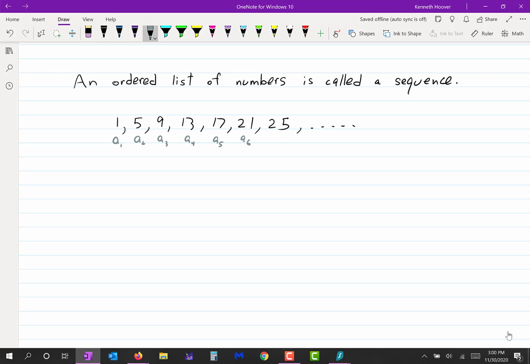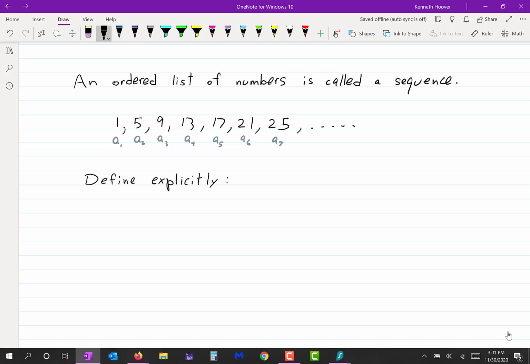Now, when we say define a sequence explicitly, this is what we mean. It means come up with a formula that I could use to calculate any term that I want.